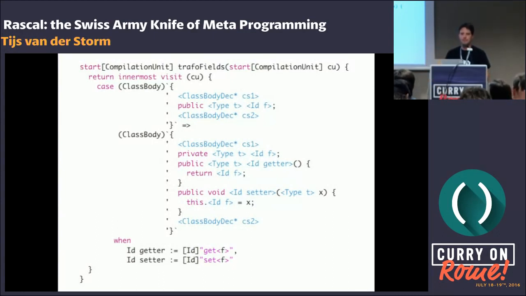Yes. When you were making program transformations in contexts that allowed many things, a list of things, I saw that you required the user to match on the parent and then make a replacement there.